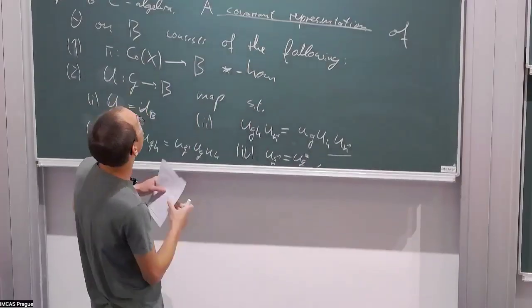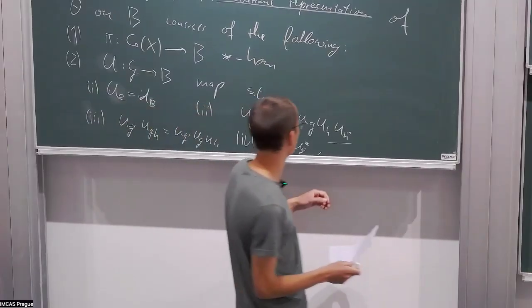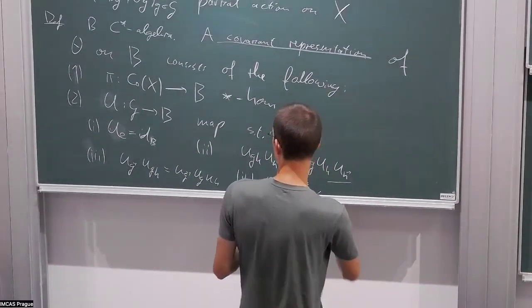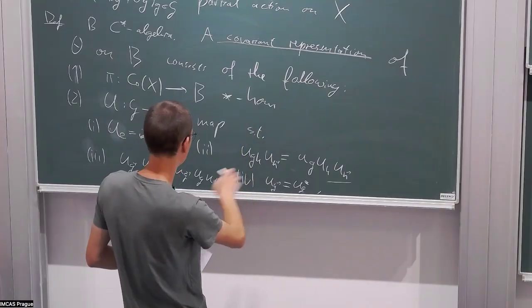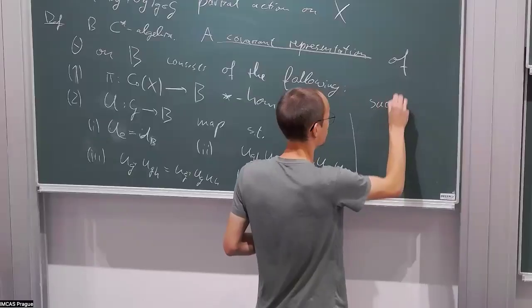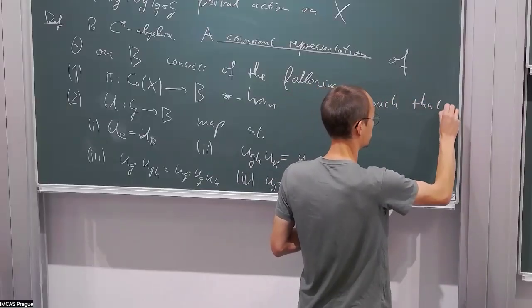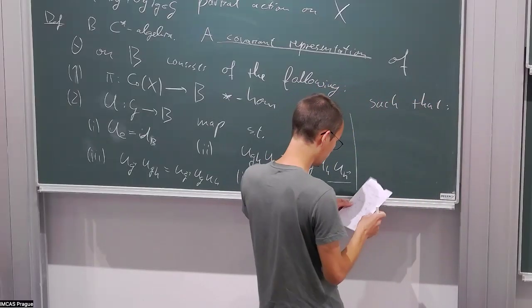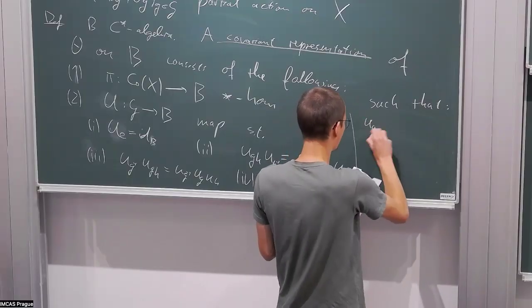Now there's another condition. Now, can I just write it here? So following the such that the so-called covariance condition holds.